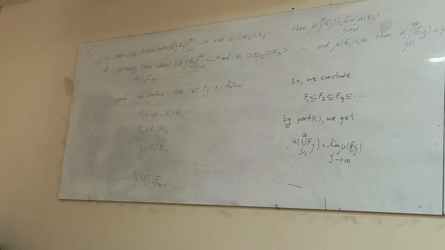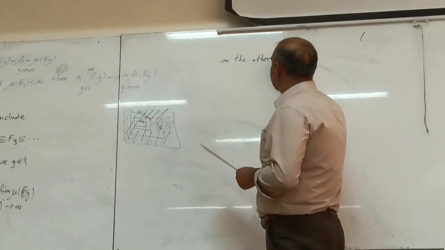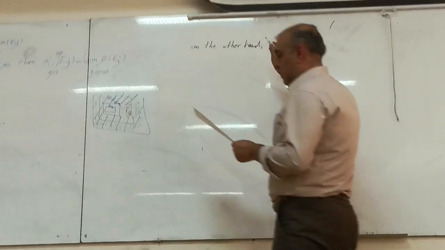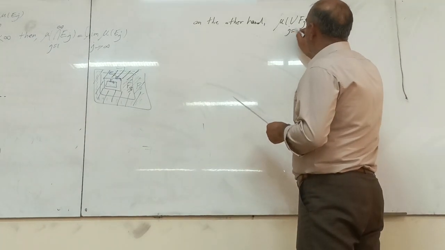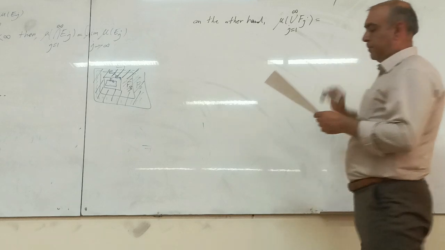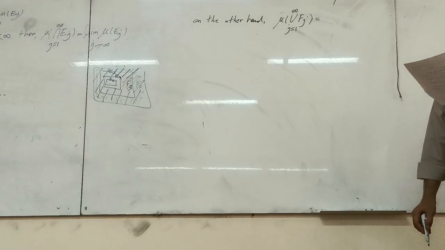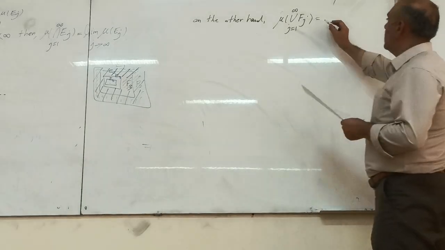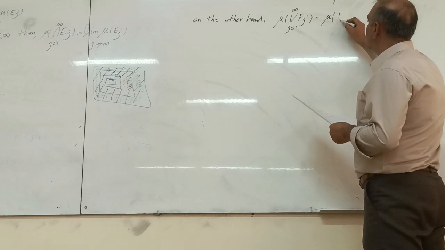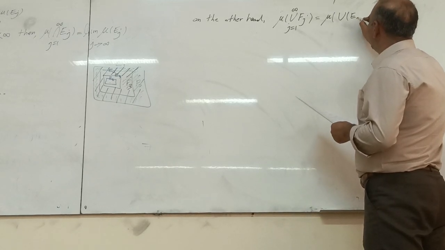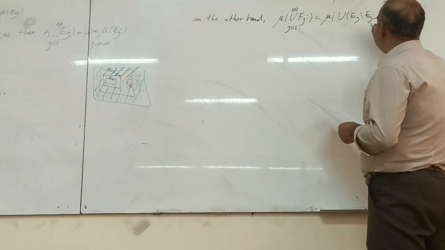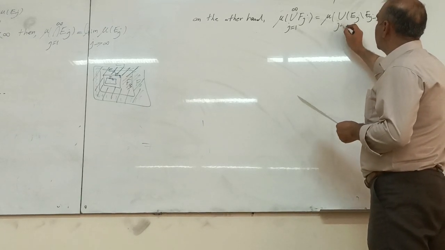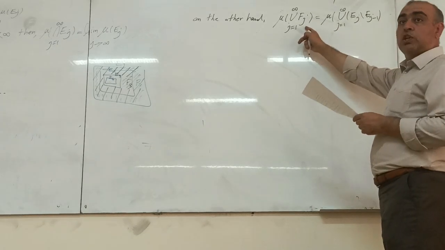On the other hand, mu of union Fj, j from 1 to infinity, is equal to mu of union of Ej difference Ej minus 1, because Fj is equal to this.